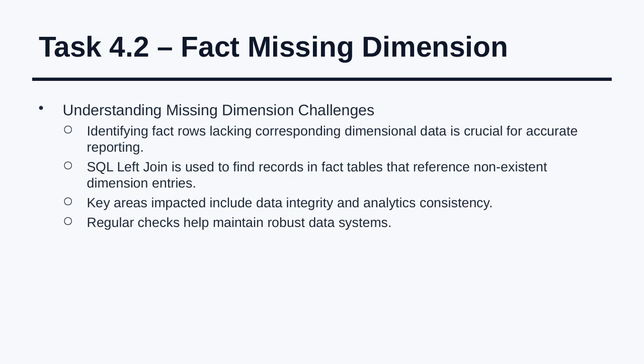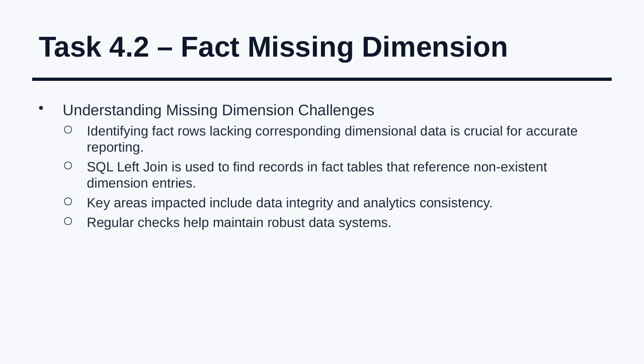If a fact row points to a dimension that doesn't exist, it can cause issues with reporting accuracy and create inconsistencies in your analytics. To uncover these gaps, we often use a SQL left join between the fact and dimension tables. This lets us spot any fact entries that don't have matching dimension records on the other side.